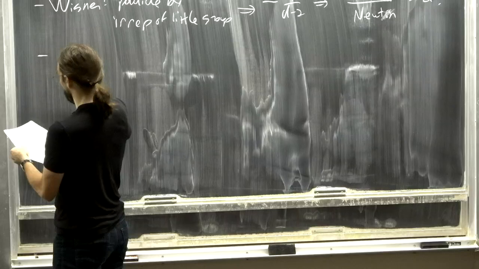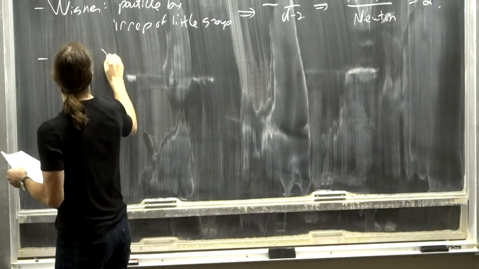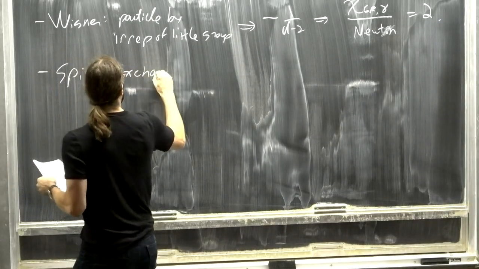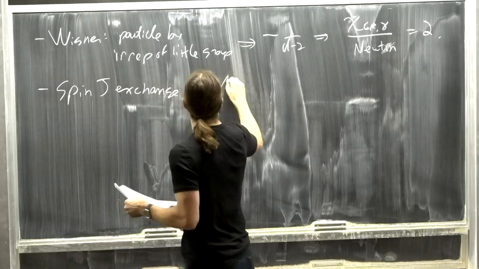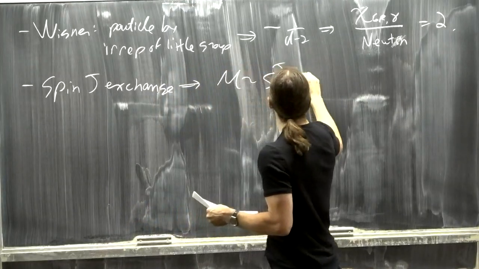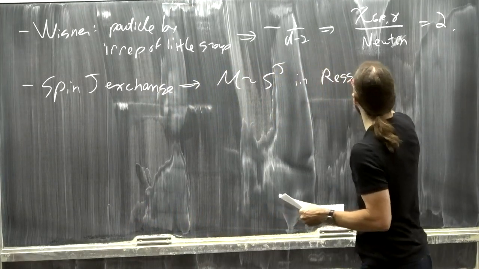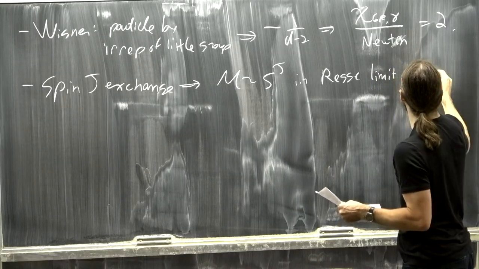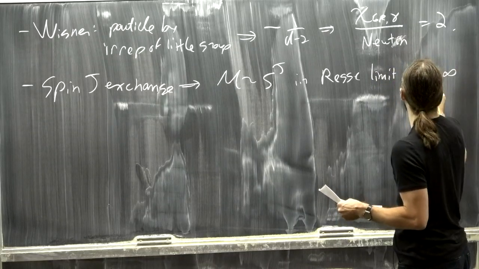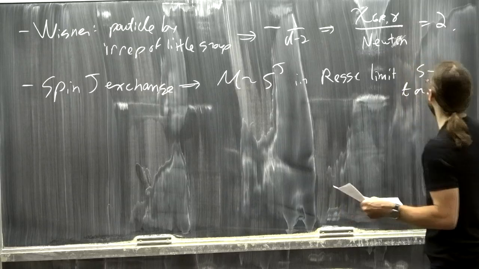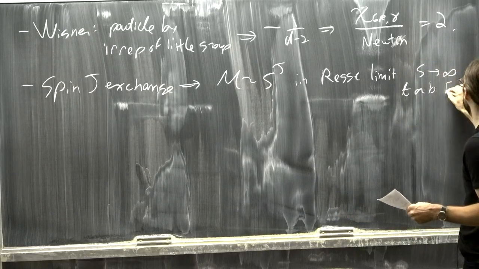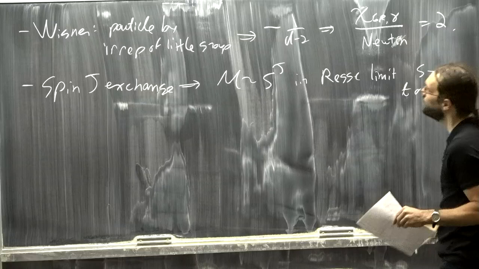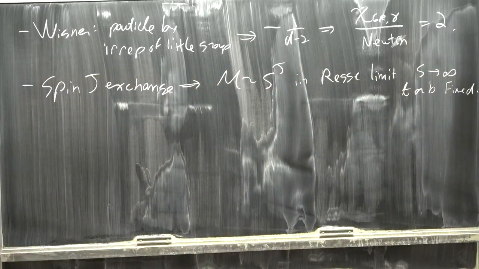This implies that M goes like s to the j in the Regge limit, where you take s to infinity with impact parameter or momentum transfer fixed. This is a very kinematical thing, very clear once you start writing down Feynman rules.